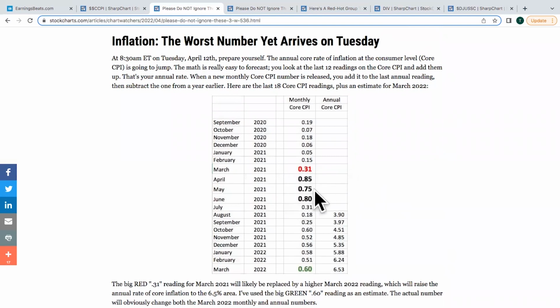Anyhow, the next 3 months readings that we get in 2022, the April, May, and June 2022 readings, are going to replace the 3 highest readings that we've had in the last year. So if inflation continues just to be around this 0.5 to 0.6% range, you can see the annual rate is going to start to drop.